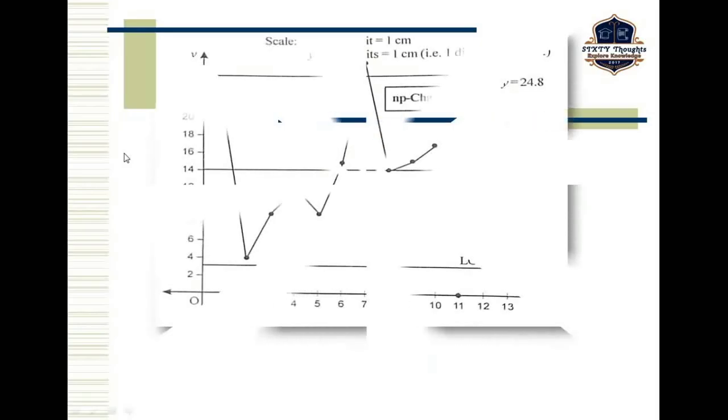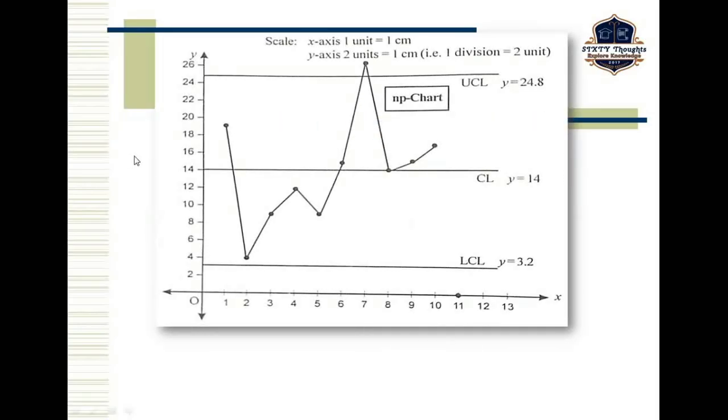Using these three horizontal lines, we are going to draw the control chart for the NP chart. So we consider the x-axis 1 unit equal to 1 centimeter, and the y-axis 1 centimeter equal to 2 units, which means 2, 4, 6 like that. Now I am going to mark all the defective values using the given data.